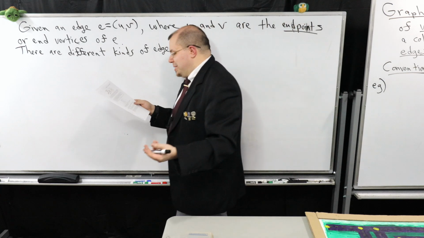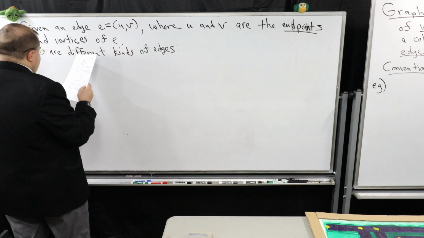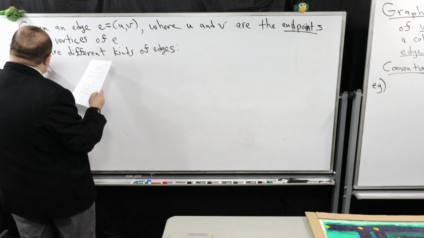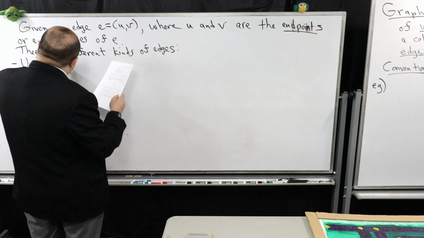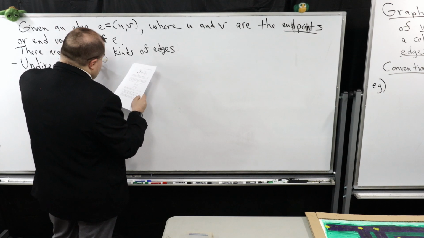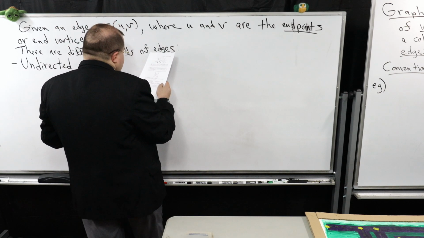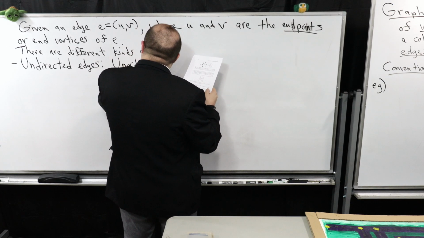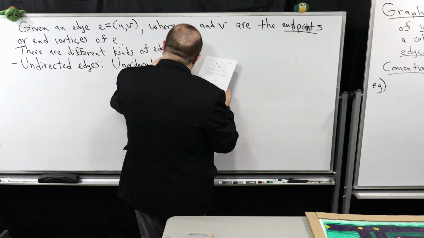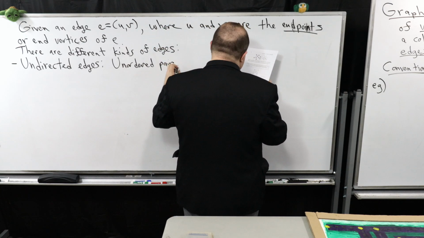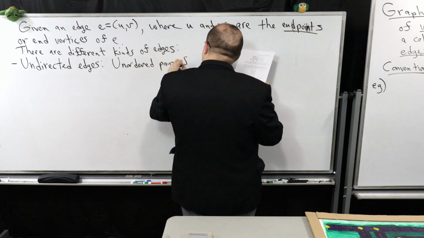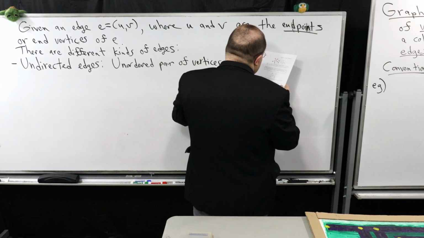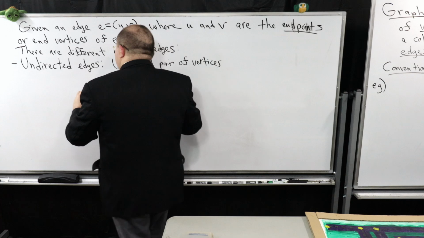The first kind, and this is the kind we'll mostly focus on, are graphs that have undirected edges. An undirected edge is an unordered pair of vertices, U and V.